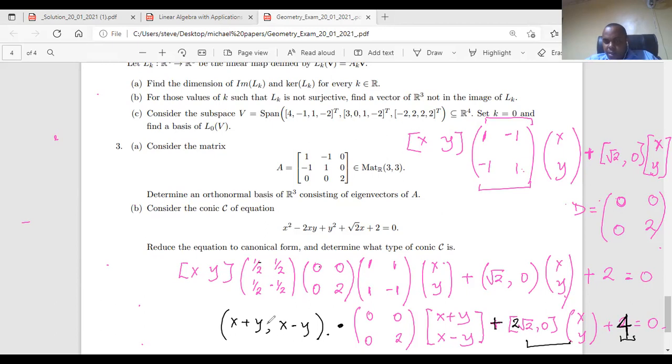Now let's see what happens when we multiply them out. We get 0, 0, 0, 0. So that's 0, right? And then 0, 2x minus y.